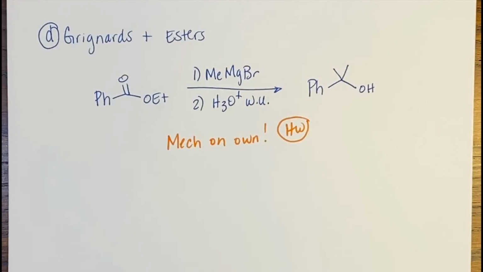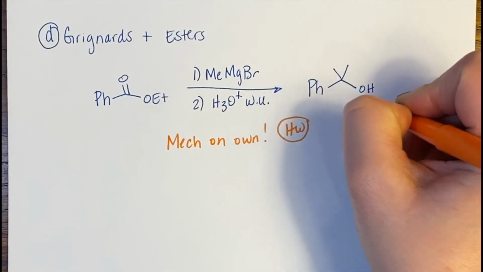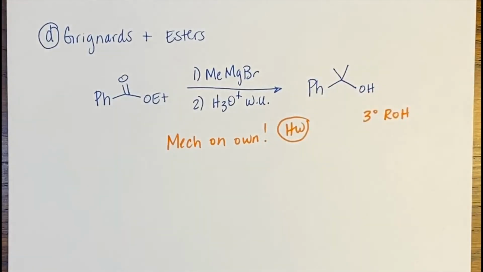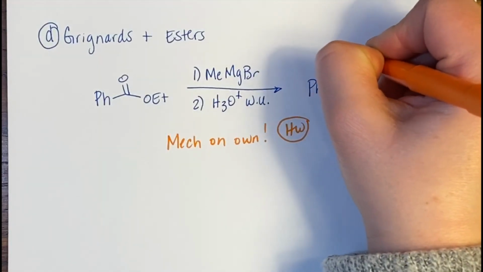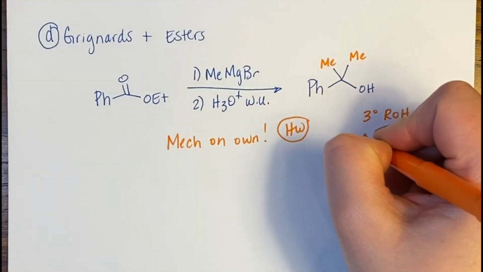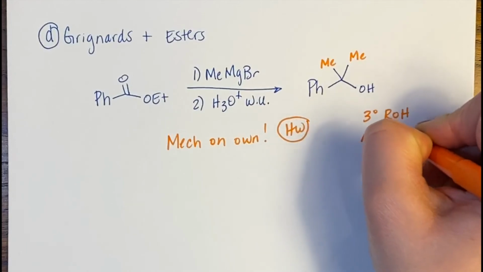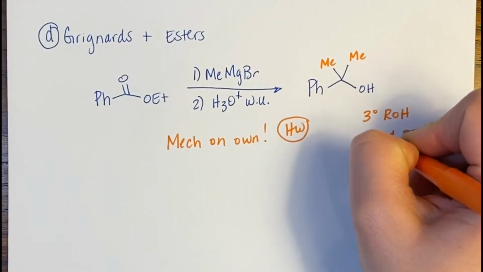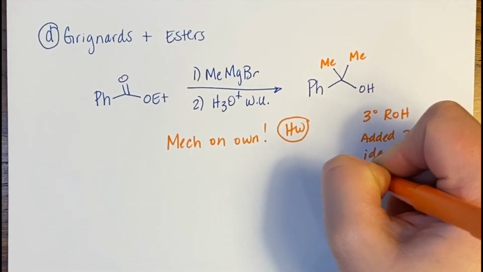Just like what we saw with the acid chloride, in this reaction, the product that I form is a tertiary alcohol, and during the course of this reaction, I introduced two equivalents of my Grignard reagent, and I made two carbon-carbon bonds. So once again, I added two identical carbon groups.